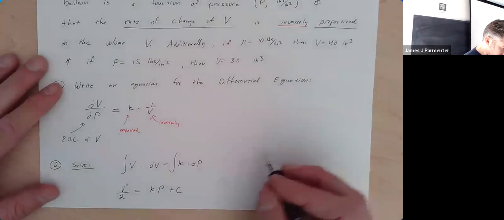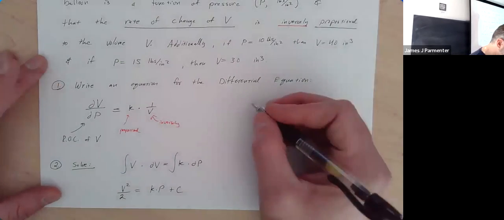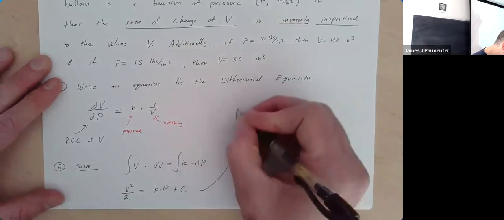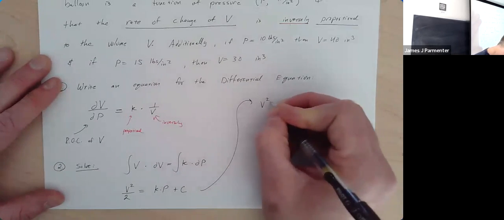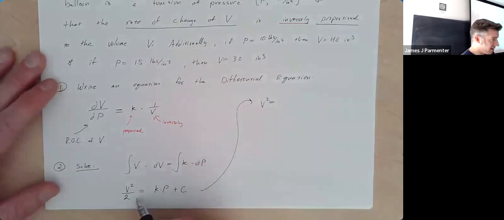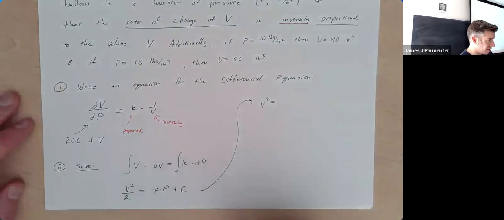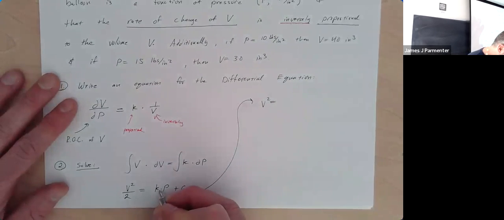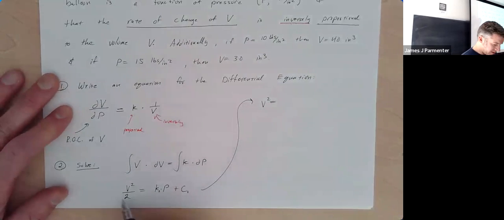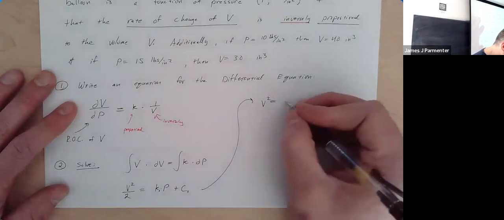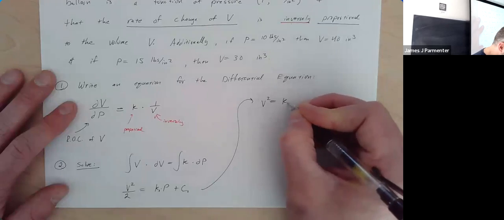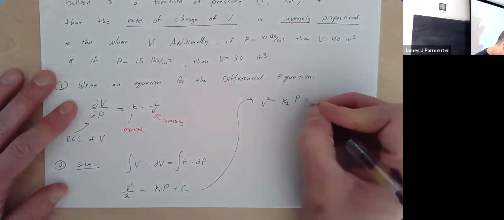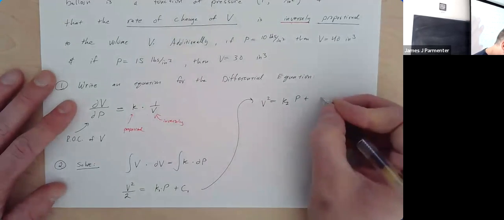So I'm going to isolate V. V squared equals, now if I'm multiplying a constant by 2, it's still a constant. If you like, I can be more specific and say there's my K1 and C1. If I multiply everything by 2, I get V squared equal to 2 times K1, a new constant K2, and 2 times C1, a new constant C2.